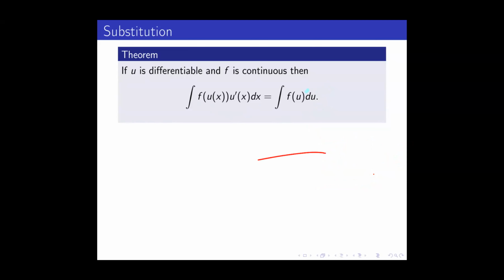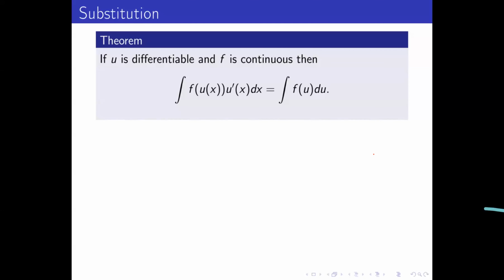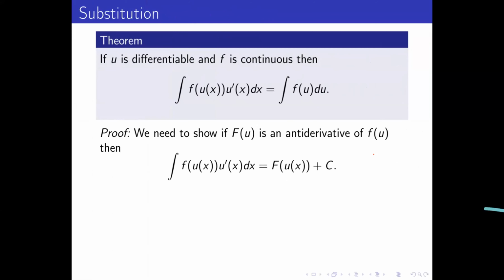Okay, so what it means is this. If you know that capital F(u) is an antiderivative of f(u), then when you compose this F with the function u, you get an antiderivative of f(u(x)) times u'(x).